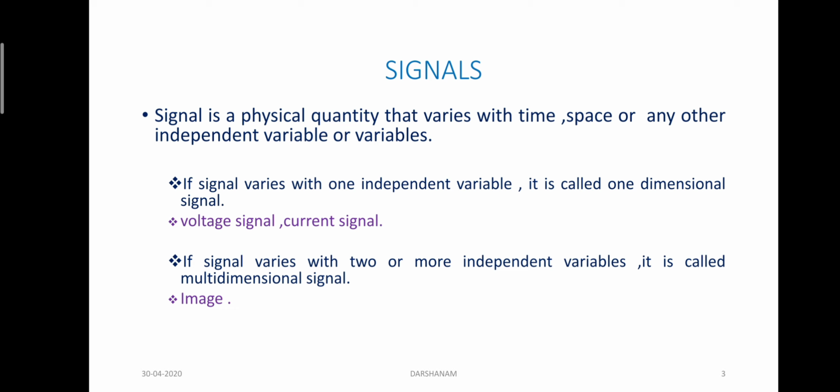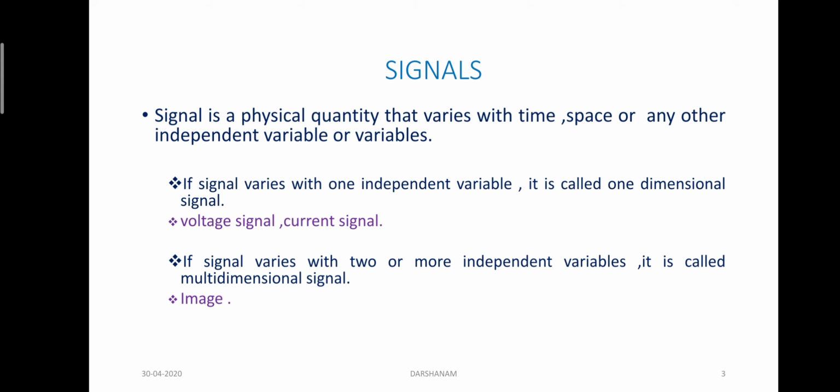Signal is a physical quantity that varies with time, space, or any other independent variable or variables. So, signal is any function which is having some information and that will vary with time, space, or any other independent variable or variables.